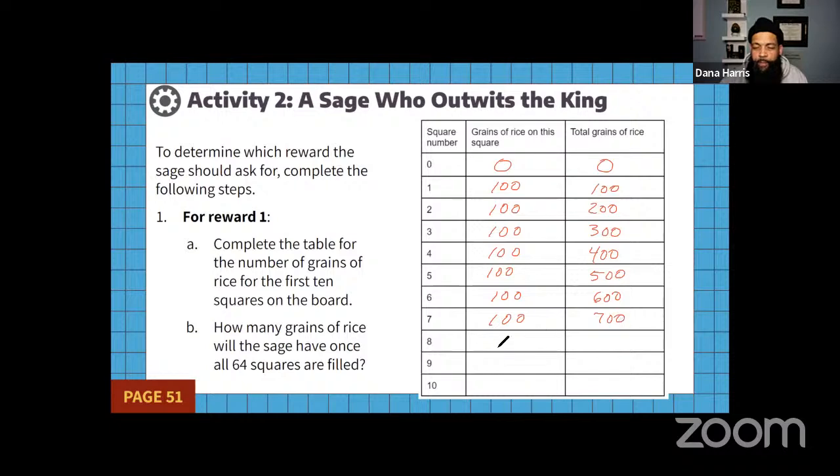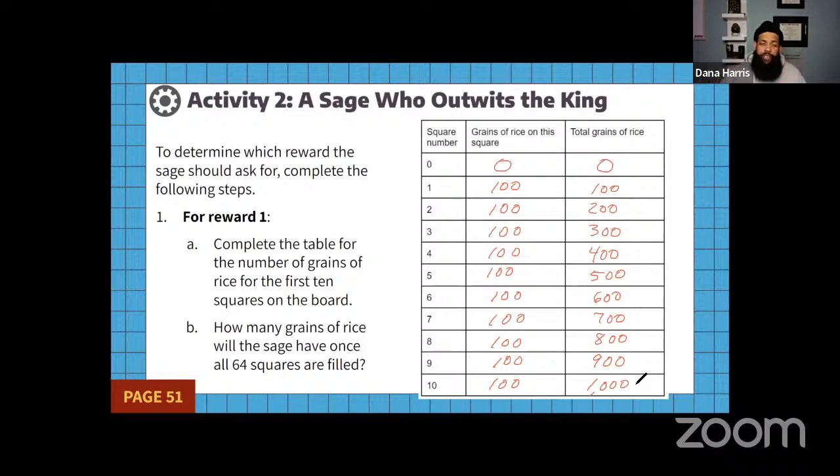Okay. So as we can see, there's 100 grains of rice on each square. And as we can see, the total grains of rice is adding up. And in the first 10 squares, it ends up being 1,000 grains of rice.